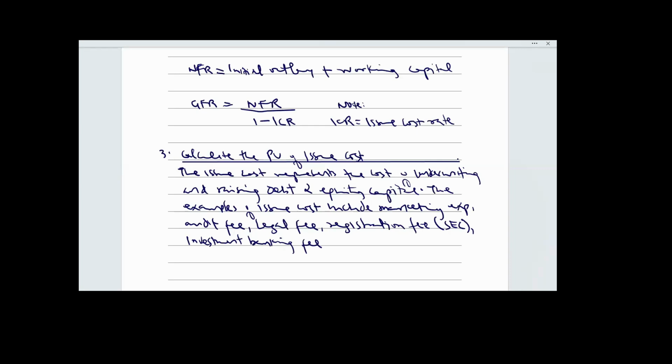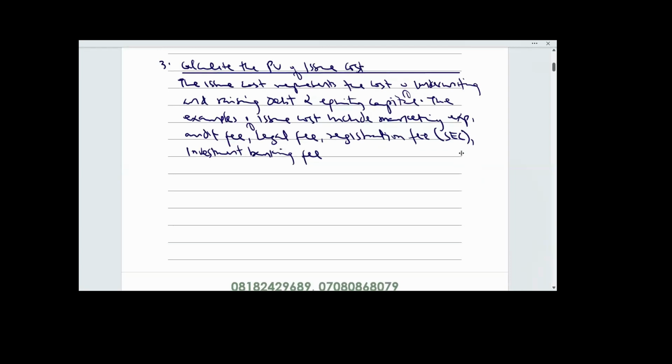All those expenses incurred before the finance is received are what is known as issue cost. So the issue cost is a cost incurred at the beginning of the project. So that is as per issue cost.